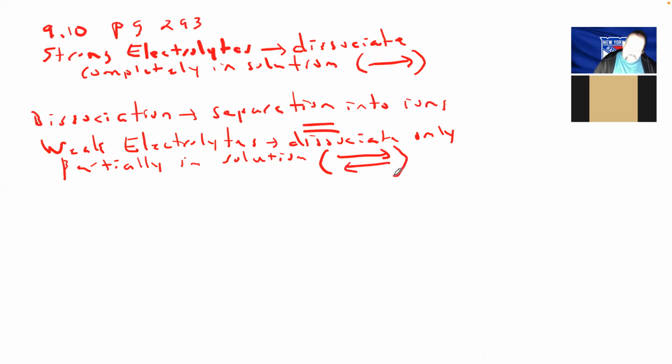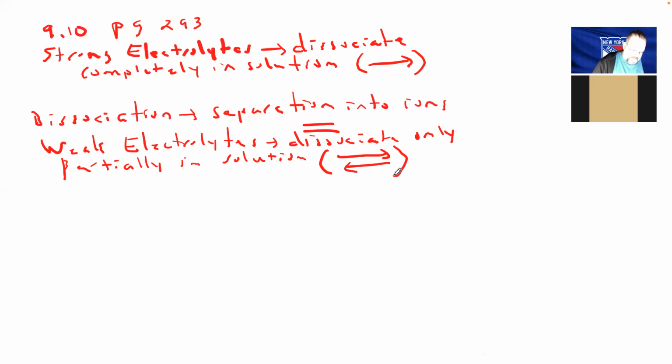We indicate that with a double arrow. The way I like to consider a double arrow is a two-way street. You've got the cars going in both directions. In terms of a chemical equation, that means that not only are reactants converted into products, but products are converted back into reactants as well.